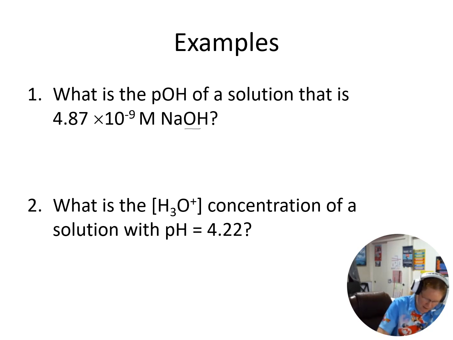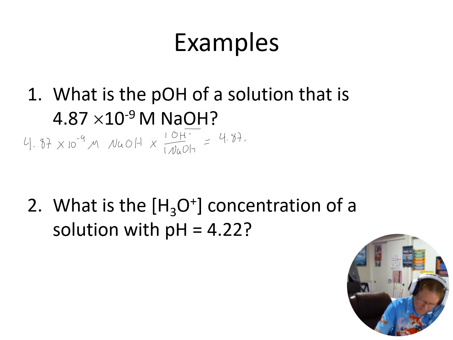Okay, so if I have 4.87 times 10 to the negative 9th molar sodium hydroxide, and I have one hydroxide ion for every one sodium hydroxide, this one's really easy in that I also get 4.87 times 10 to the negative 9th.